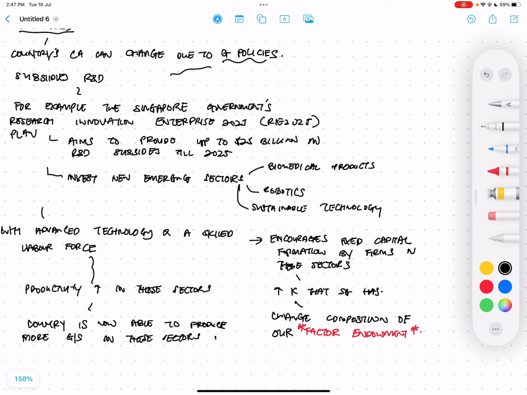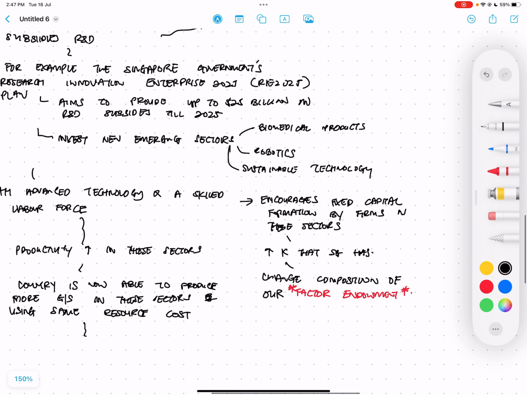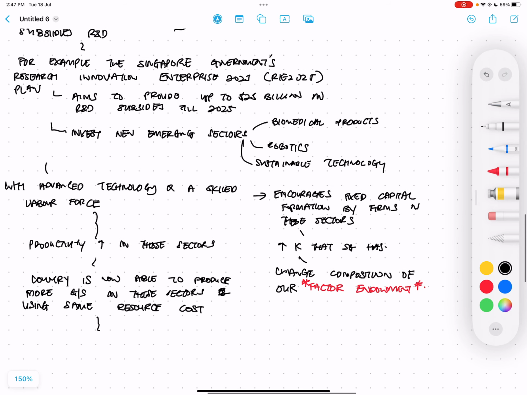Because using the same resource cost, this decreases the opportunity cost. Maybe this should be in red because I mentioned this is very important.